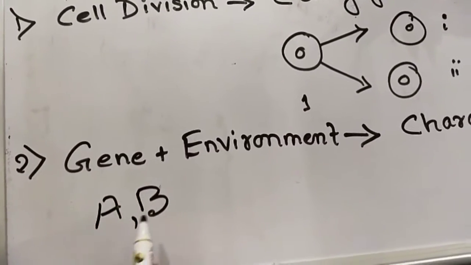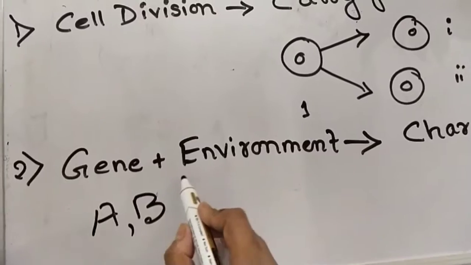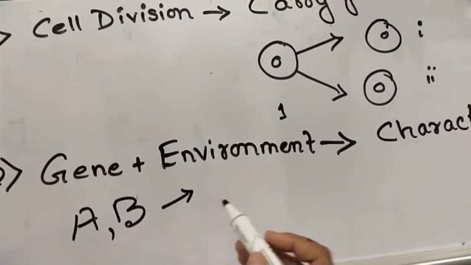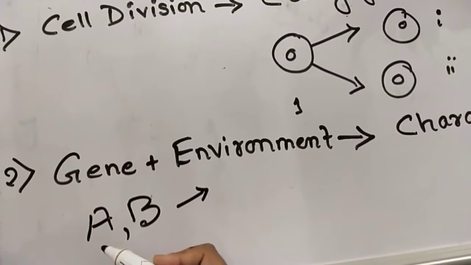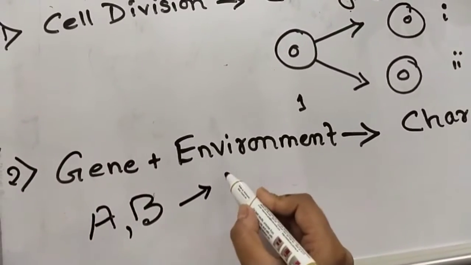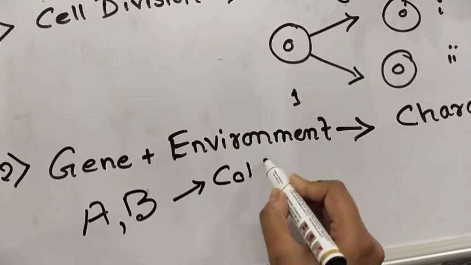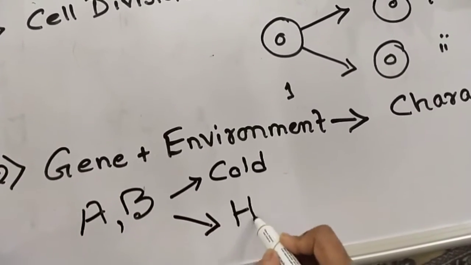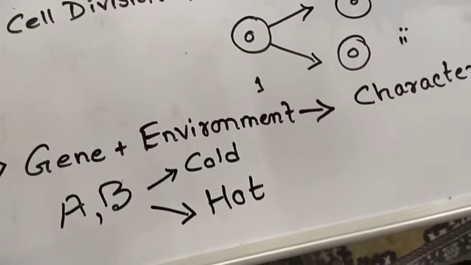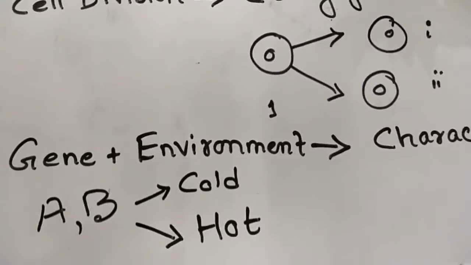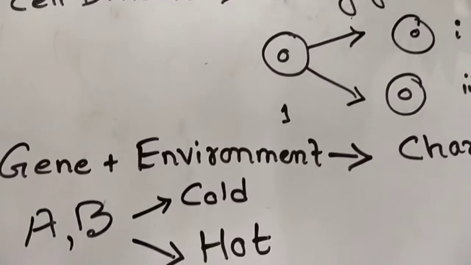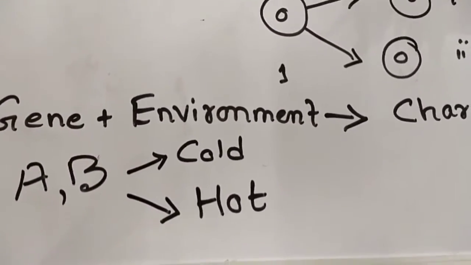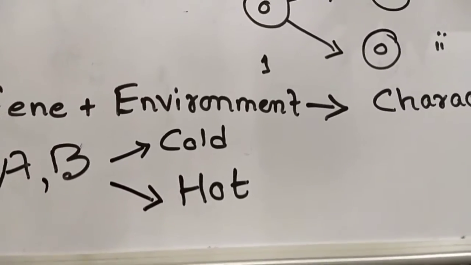Now for checking the environment effect, I will send one twin baby to, say, a cold climate, and the other twin baby I will send to a hot climate place, for years. Not just 1 day or 2 days, for years. Suppose the babies were born and then they were sent to different orphanages.